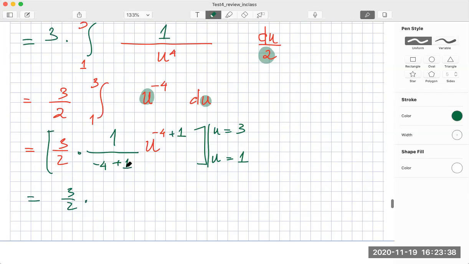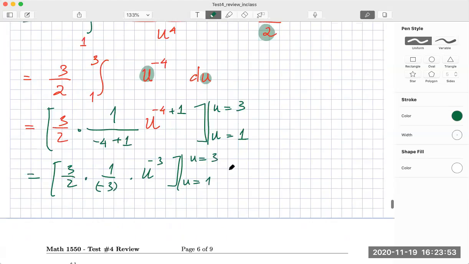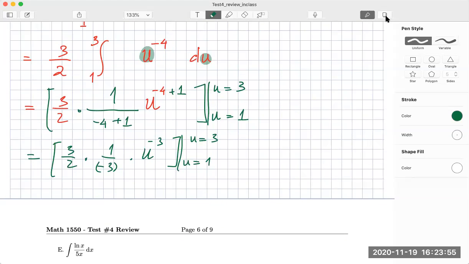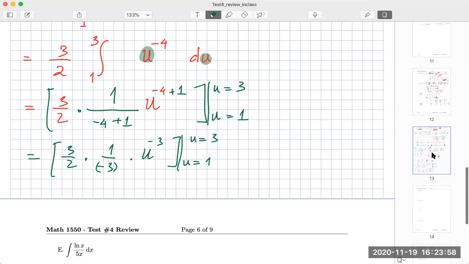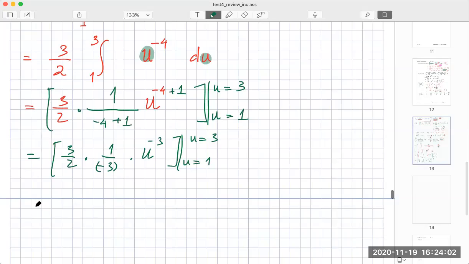3/2 times, this is -3, right? This is u to the -3, when u goes from 1 to 3. So the same thing, we need to evaluate the upper limit and subtract the lower value, right?